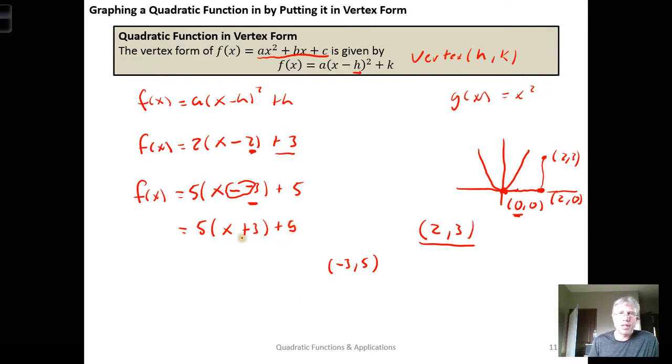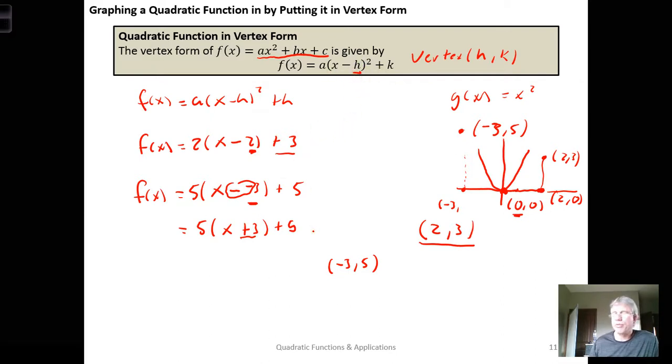This 3 being added to the input variable would take our origin and move it 3 to the left, and the plus 5 would move that point up 5 units, to the new point (-3, 5).